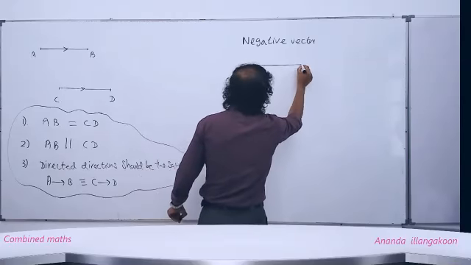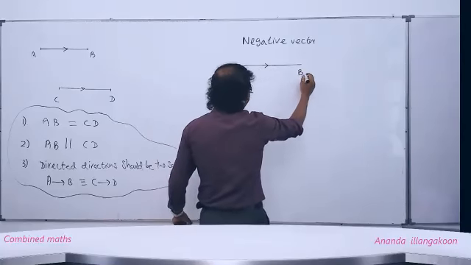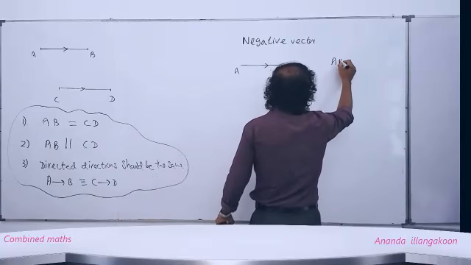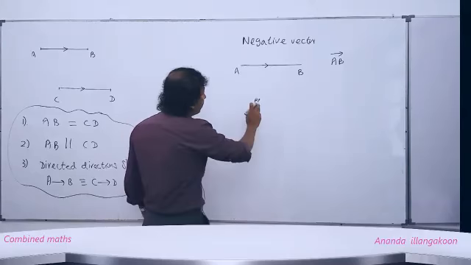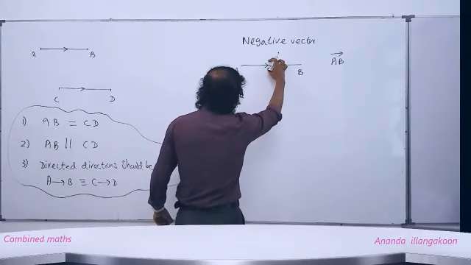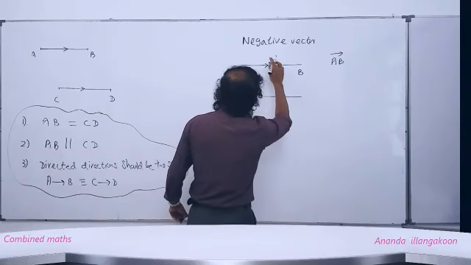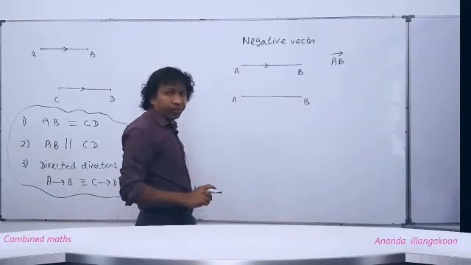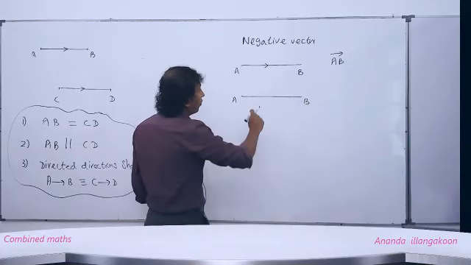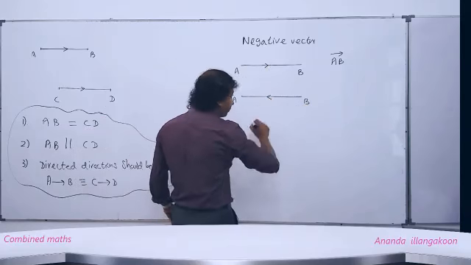Suppose a vector means a line segment with an arrowhead, no? This is a vector. Suppose the vector is AB. This is how we write it, AB vector. Now I draw the same line segment here, parallel to this, and we put the same points A and B. The only thing is, the arrowhead we take in the opposite direction.